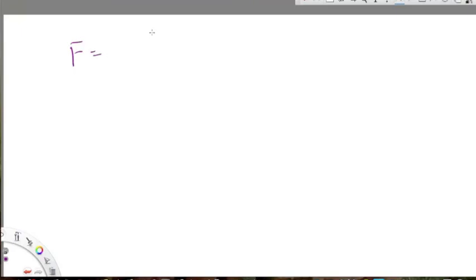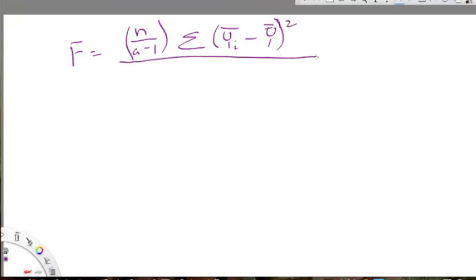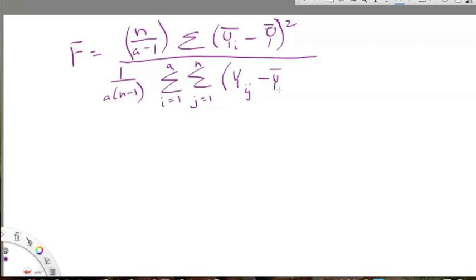So F equals a rather massive, ugly-looking quantity: n over a minus 1 times the summation of y i bar minus y double bar, quantity squared, all divided by 1 over a times n minus 1 times the summation of i from 1 to a times the summation of j from 1 to n, all over y i j minus y bar i, quantity squared.